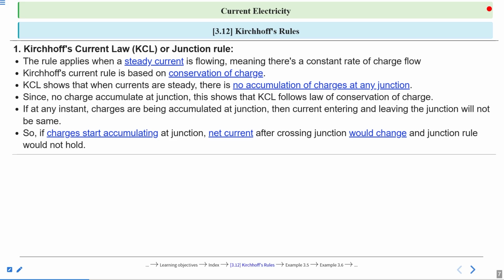If some amount of charges are accumulated at the junction, then the net current after leaving the junction would change, and the junction rule would not hold. So for the junction rule to be true, there should not be any accumulation of charges at the junction. According to this, Kirchhoff's current rule is based on conservation of charge.